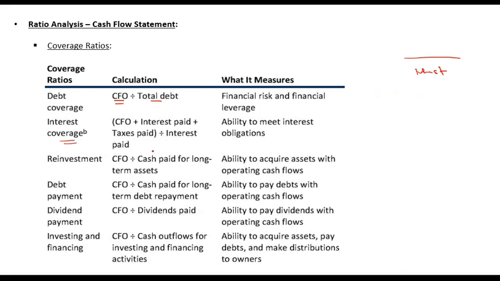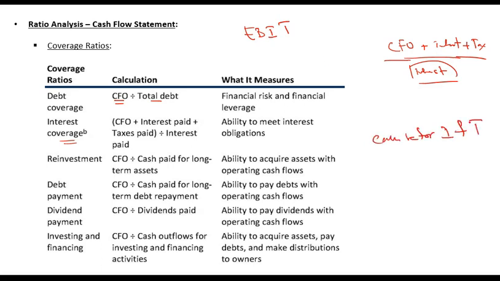Coverage would mean how much cash is available to pay that interest. So how much cash is available? Again, CFO plus interest plus tax paid. Why do we have interest and tax paid added? Because interest is paid from earnings before interest and tax. That means interest is paid from cash before interest and tax.